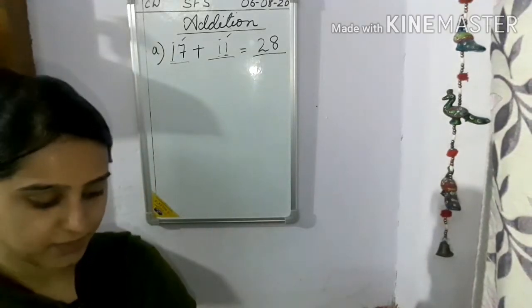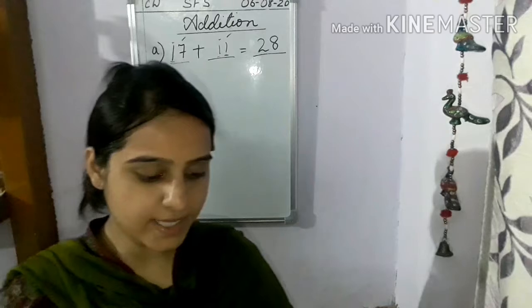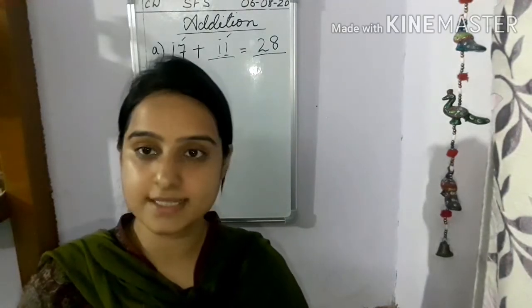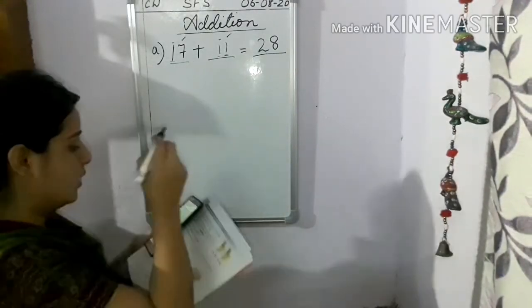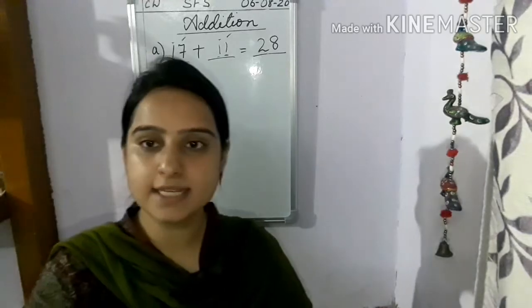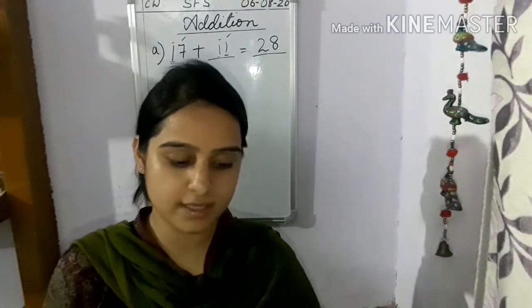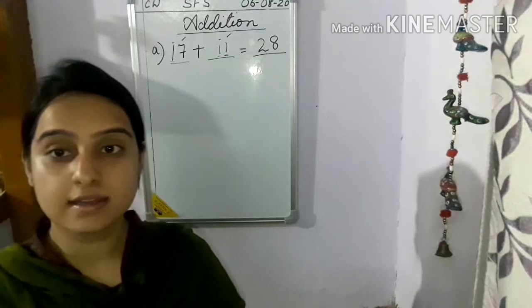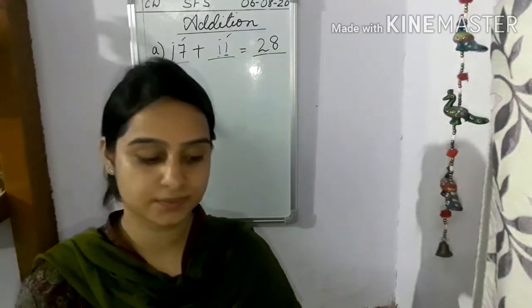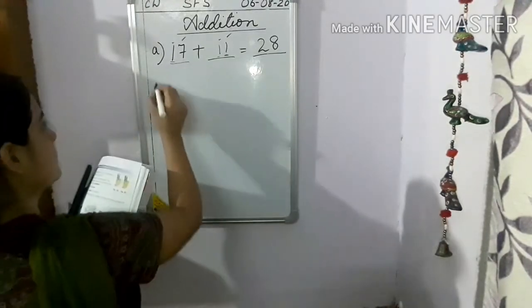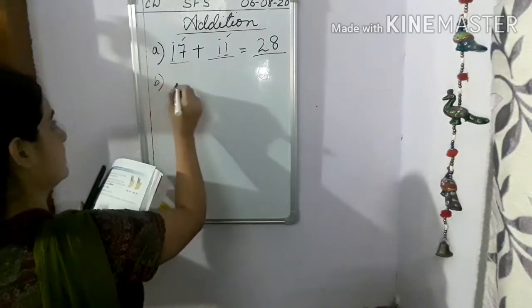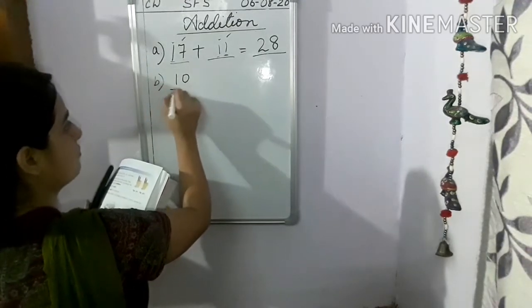Next, B. You can see the faces of kids, isn't it? One side is boys and the other side is girls. So how many faces of boys are there, children? Count. You will get 10 faces of boys.